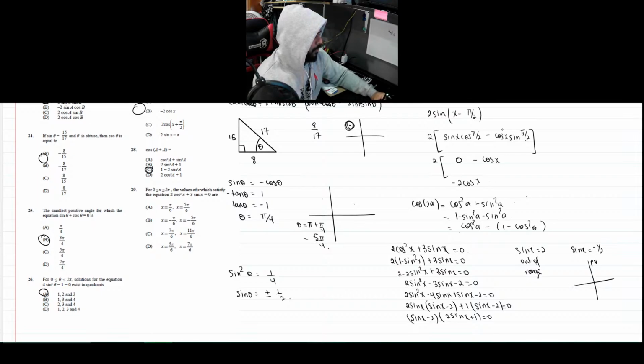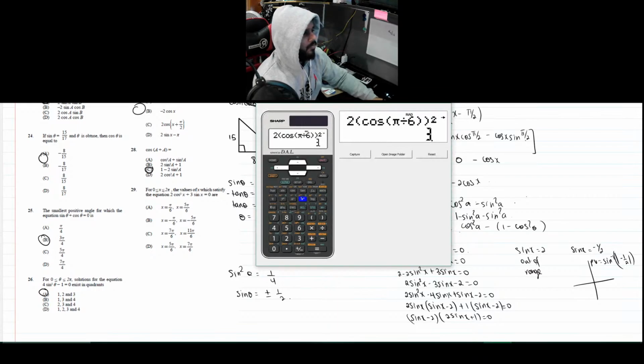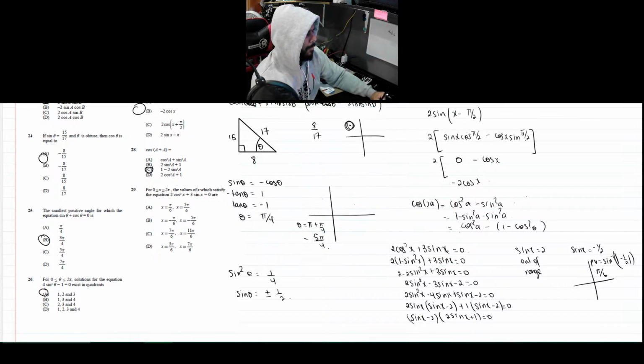My principal value is sine inverse of the modulus of minus a half, which is sine inverse of a half. I'm using degrees: sine inverse of 0.5 is 30 degrees, that's pi on 6. Sine is negative in the third and fourth quadrants, so pi plus pi on 6 and 2 pi minus pi on 6. That is 7 pi on 6, and 11 pi on 6.